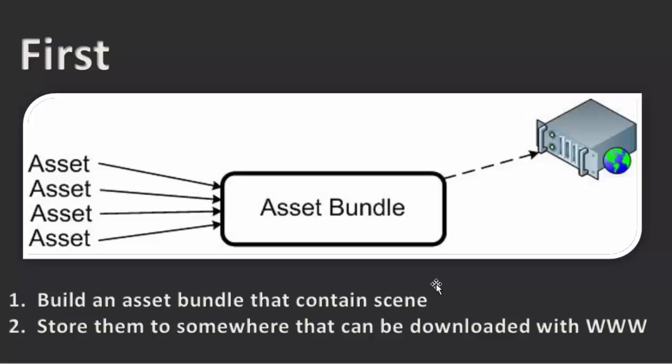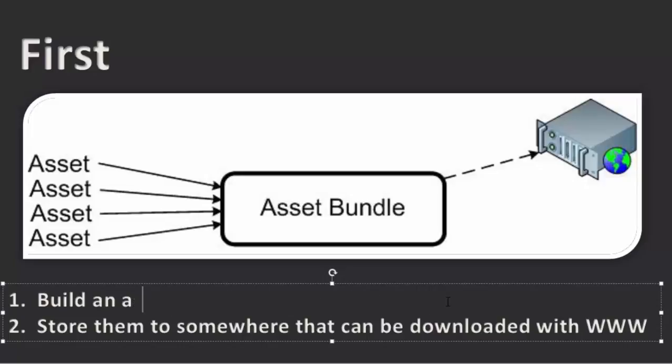I will place my assets bundle file in my local folder, I mean in my local computer or somewhere there, so I can download it with the file protocol, something like this. I will download my assets bundle with the URL file, and there's my file there.